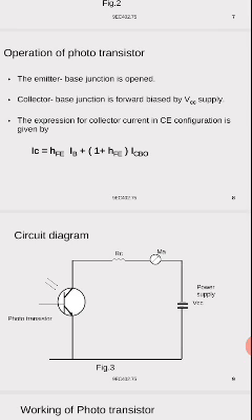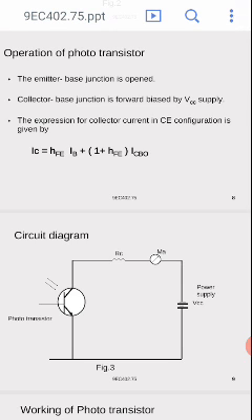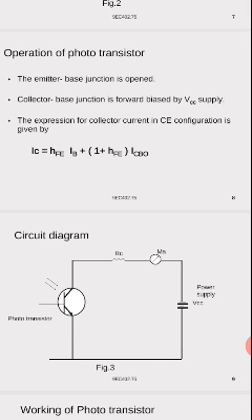Whereas for emitter and collector, VCC supply is given and its entire operation would be controlled by photo, it would be controlled by light.